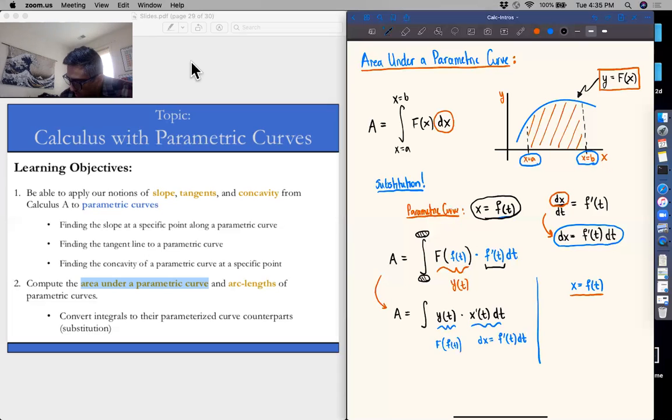So what we need to do is solve the two following equations. We need to solve when x is equal to a, that's equal to our function of t. And we need to solve the second when x is equal to this number b, that's equal to our function of t for the x coordinate. And we need to solve for the t values that will land us at those specific x values.